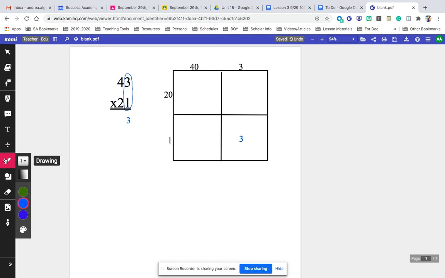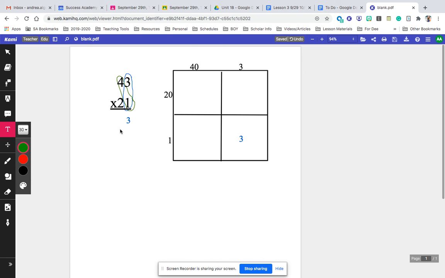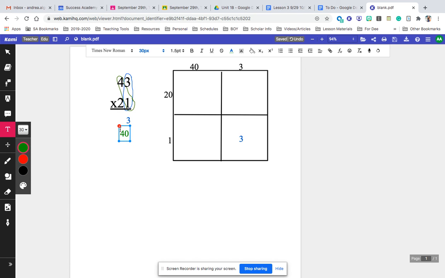Now, back to standard algorithm. So the next thing I need to do is 1 times 4. But that's not really a 4, right? It's a 4 in 43, which makes it a 40. So what I'm really doing is 40 times 1. And I can do two things. I could either, down here under the 3, just add 40, right?